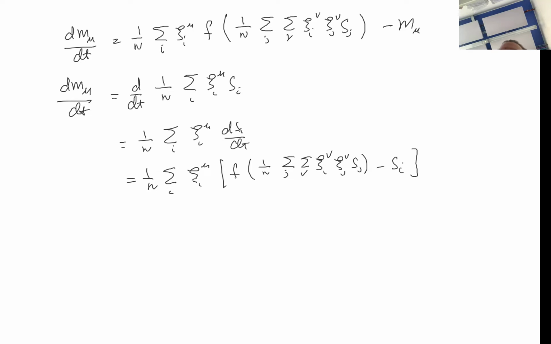So this sum operating on the S_i is what gave you the m_mu up here. And this term here is really just this term here.